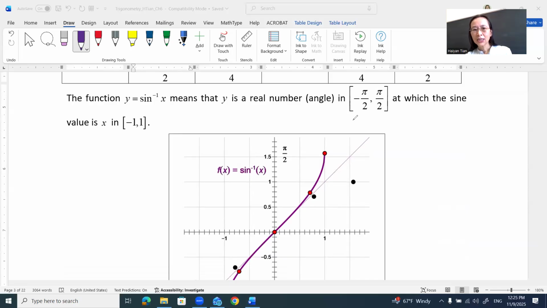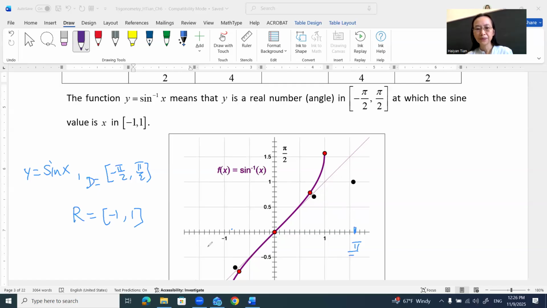Quick remark. If the original function, the sine function, we restrict the sine function on this domain from negative half of pi to positive half of pi, and its range is from -1 to 1.